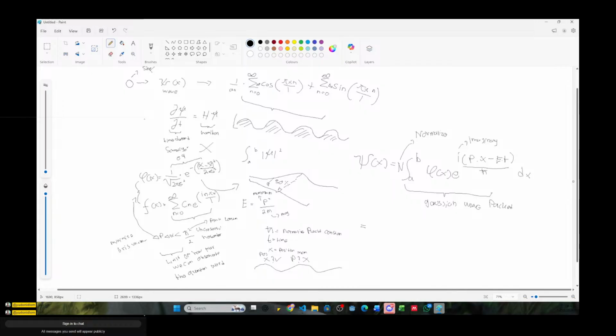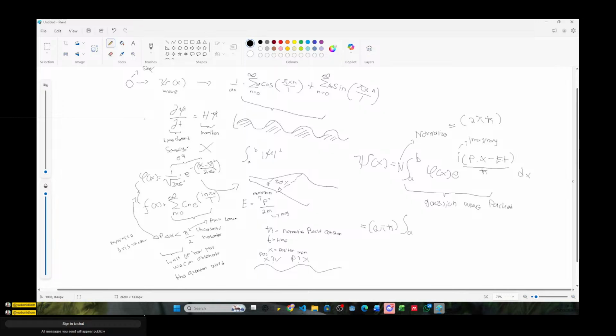We can use the normalization constant, which is 2 times pi times the Planck constant here. So let's expand this to h bar here.